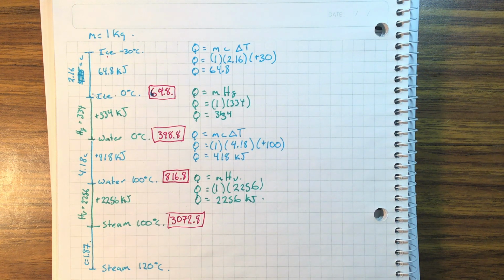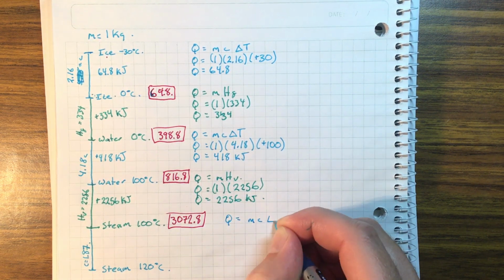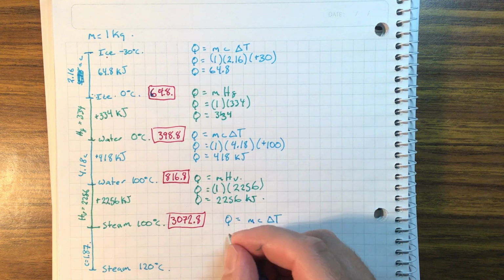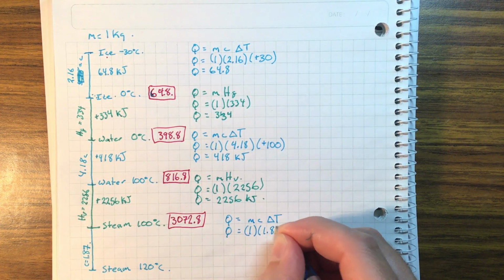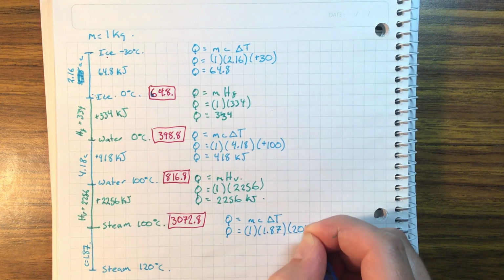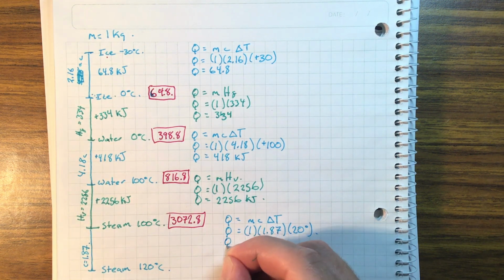Now let's do our last one. Q equals mc delta T, right? There's a change in temperature. 1 times 1.87 times 20 degrees Celsius. That's 37.4 more kilojoules.